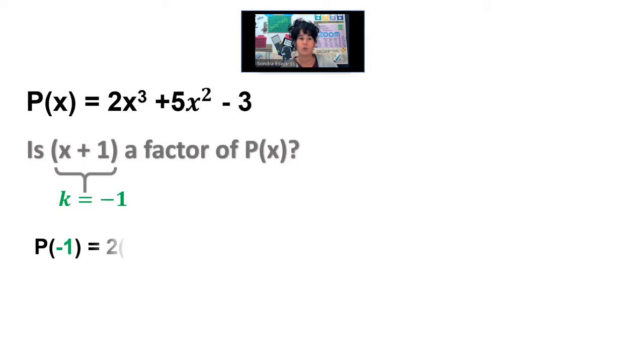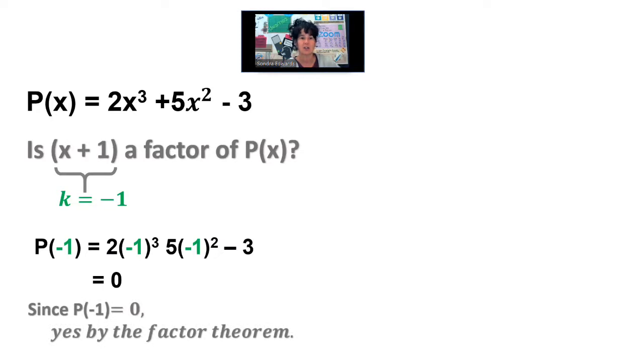So I go ahead and replace all my x's with -1, simplify, and we get 0. That means the remainder, if we were to divide p of x by x plus 1, is 0. Well, when the remainder is 0, then yes, x plus 1 is a factor.